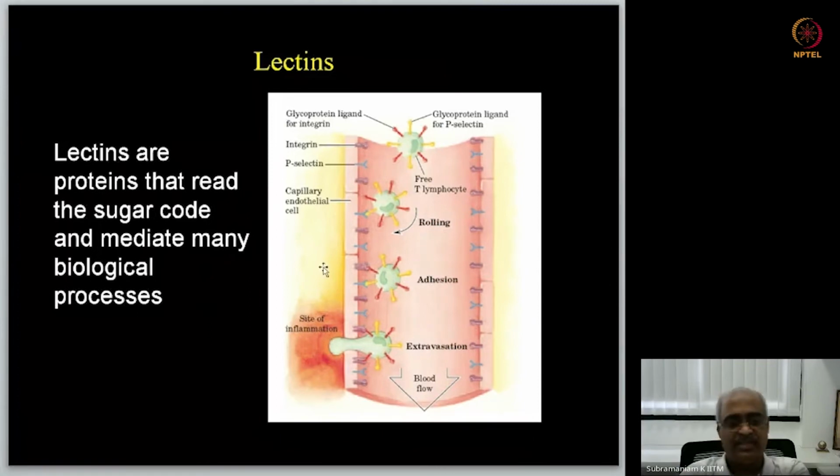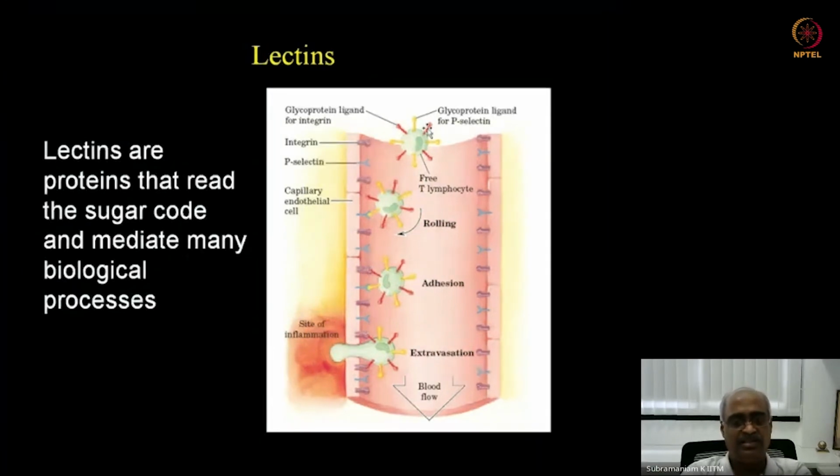Shown here is an example where this is a blood vessel in which blood is circulating, and in the circulating blood you have immune cells called T lymphocytes going through. When you have an injury or an infection that leads to inflammation, these cells go there to take care of that. How do they identify the place and go there?